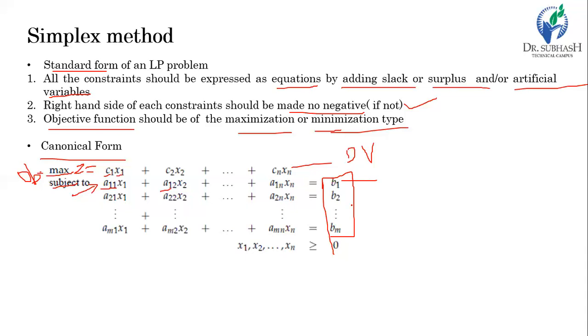If it is a manpower constraint, then b1 is the total number of persons available to solve the problem. So b1, b2, b3 up to bm are all amounts of resources, and that's why they must always be positive. And if not, then we have to make them positive, because the amount of anything must not be negative, that would not be feasible.